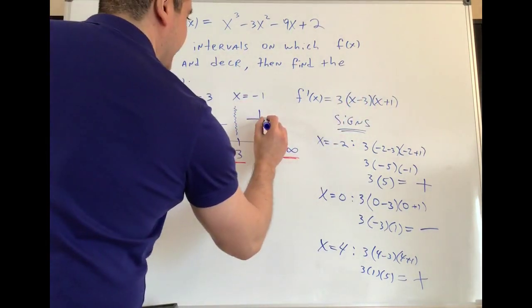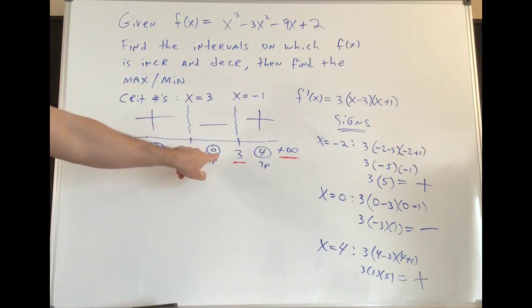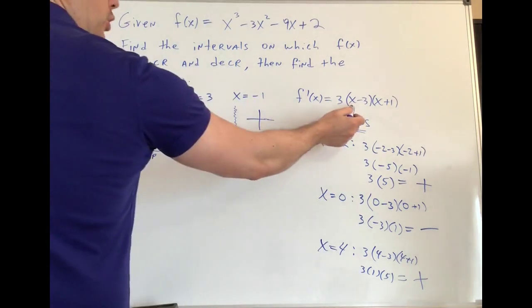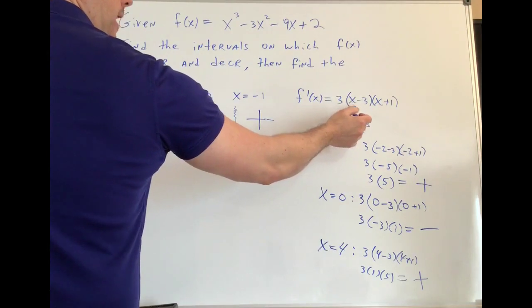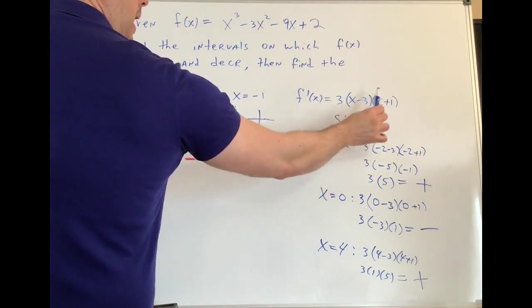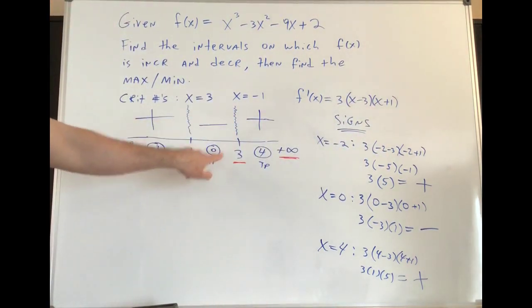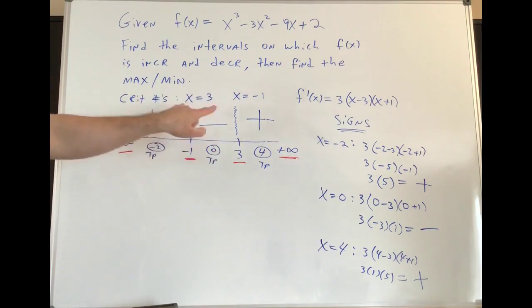So, derivative is positive, derivative is negative, derivative is positive. If you pick any number here, like if I had plugged in 2 for x, 2 minus 3 is negative. 2 plus 1 is positive. I'd have a negative times a positive, which is negative. Any number you pick in this region will give you a negative when you plug it into the derivative.